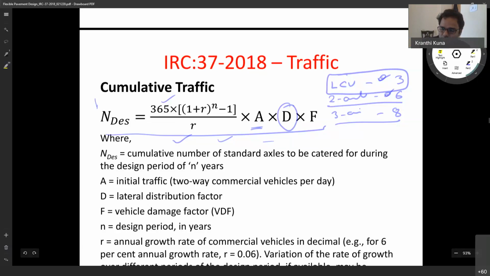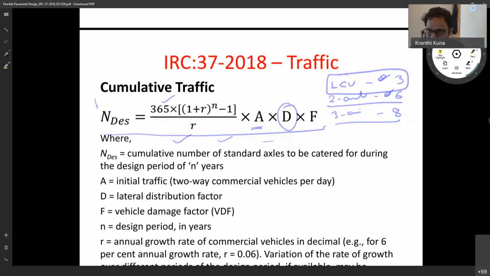Sir, we were talking about the factor of safety. When we take the soaked CBR for 4 days, that is conservative, for the worst condition. And in IRC 37, they take effective CBR. Both are different, so do not confuse soaked CBR with effective CBR.